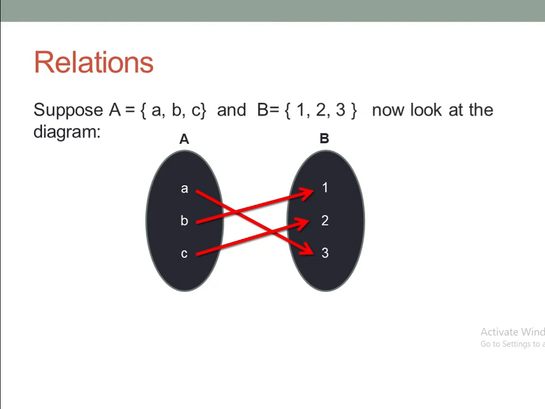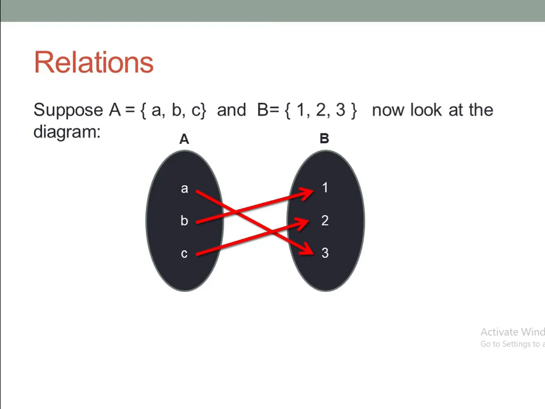Now I am going to explain the relation in more detail. Look at the diagram. Suppose A is a set containing small a, small b and small c, and B is another set containing 1, 2 and 3.